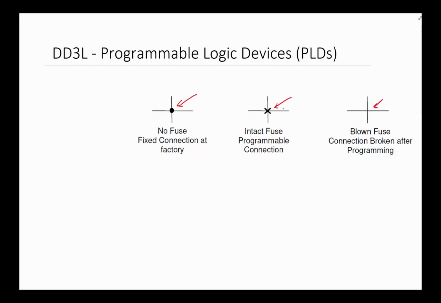So we remove the X. If we leave the X, that means the vertical wire is connected to the horizontal wire. If you take it off, that means the vertical wire is not connected to the horizontal wire, which is very useful because this allows us to customize these devices to the particular application we have for designing our circuitry.